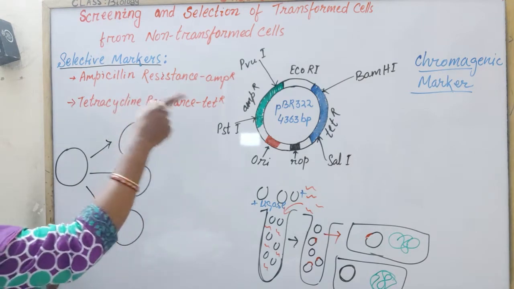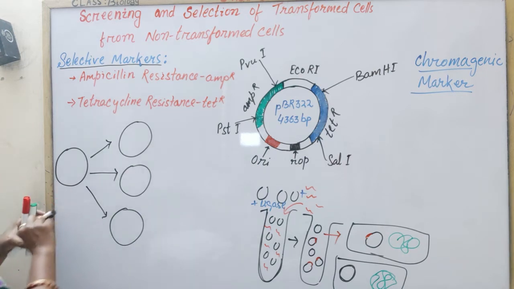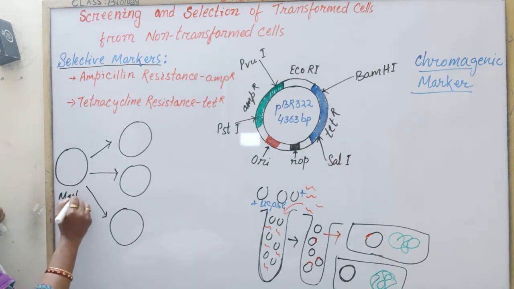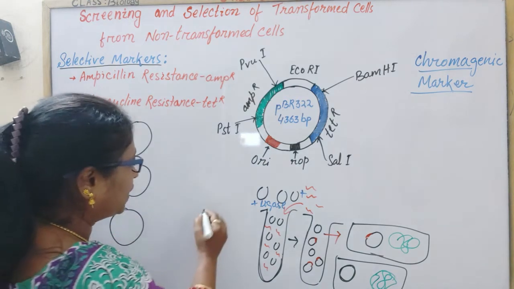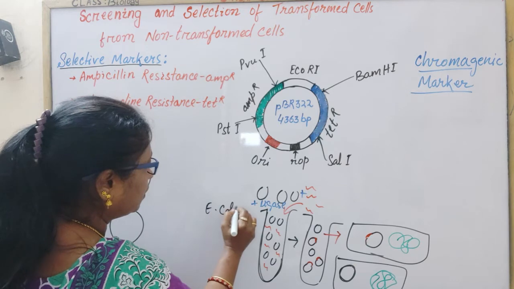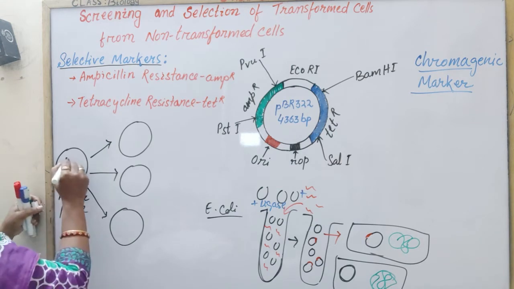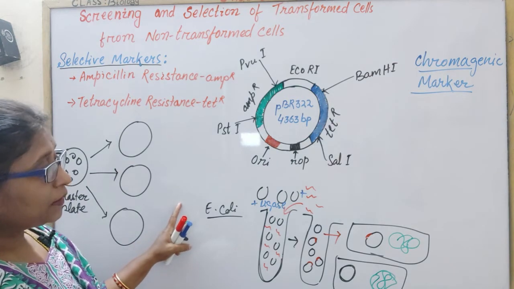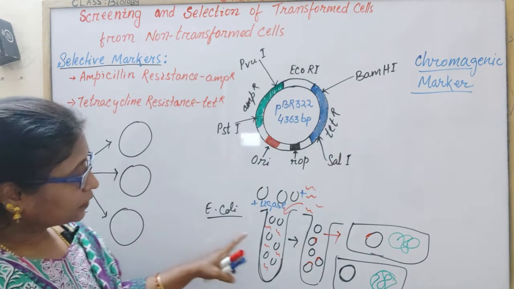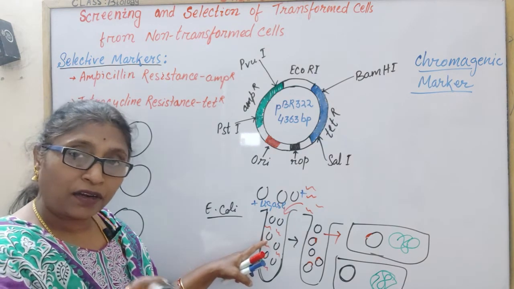So, one screening method for the transformed from non-transformed. Suppose here it is the master plate, having all types of bacterial cells, generally E. coli host cells are taken. Some cells have taken these plasmids, the non-recombinant, normal plasmid.